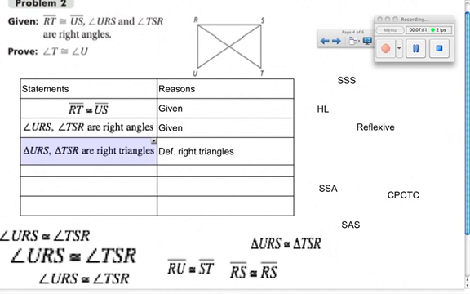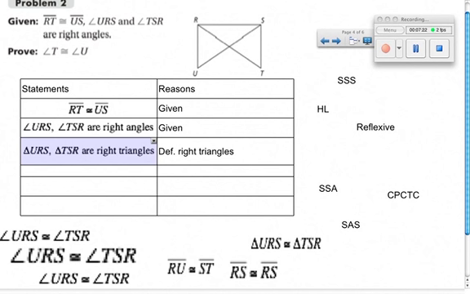So eventually, I hope you're already realizing we're going to use hypotenuse leg. Look at what was given to us. In that first statement, we are told that RT is congruent to US. What are those two segments with respect to our two right triangles?